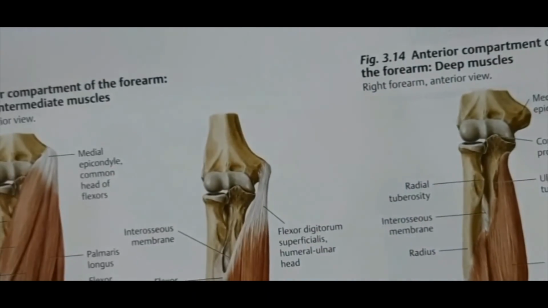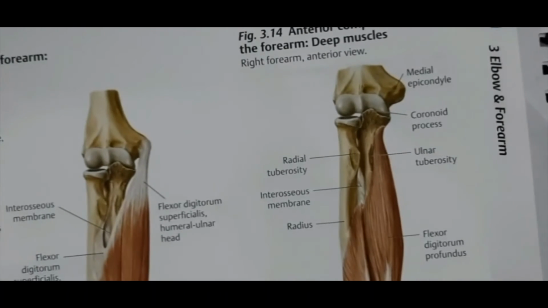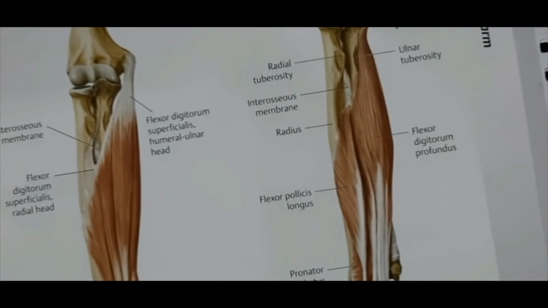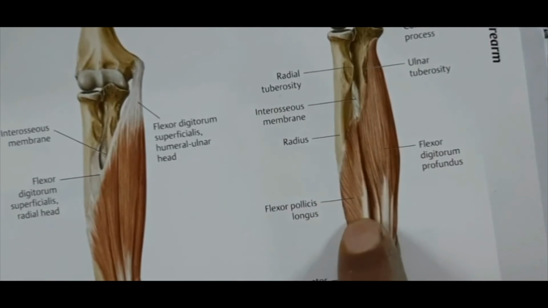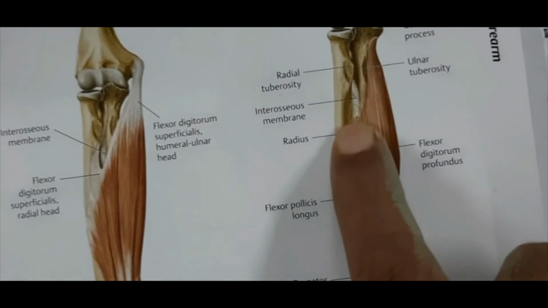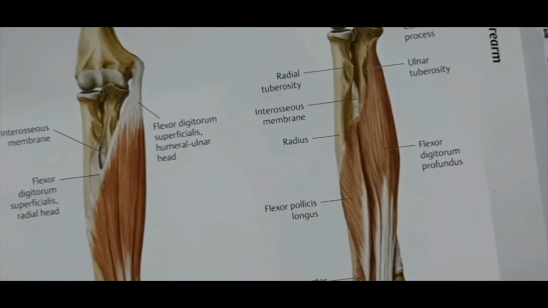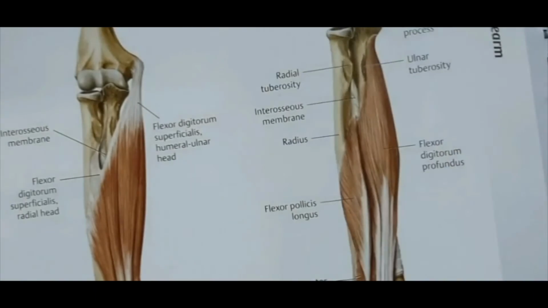Now if you detach this Flexor Digitorum Superficialis, then you can go to the deeper muscle which takes origin from the anterior surface, upper two-thirds, and this is the Flexor pollicis longus.